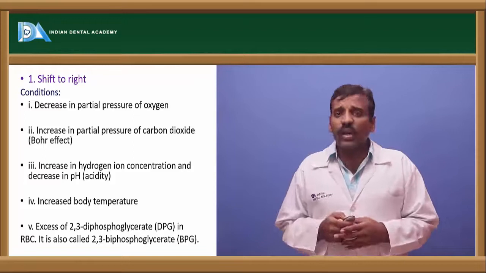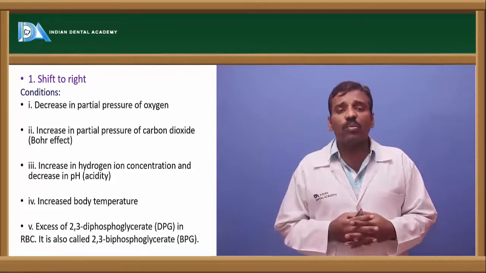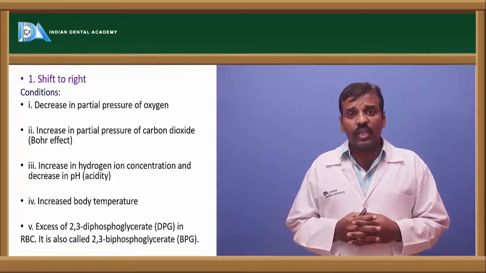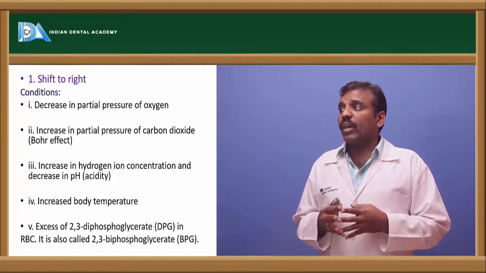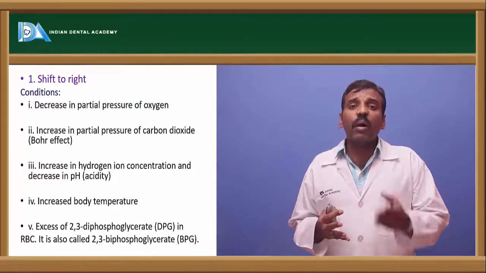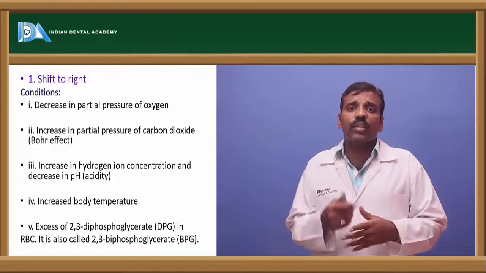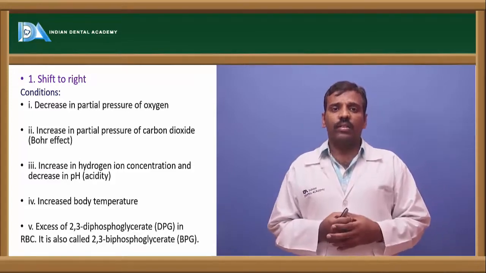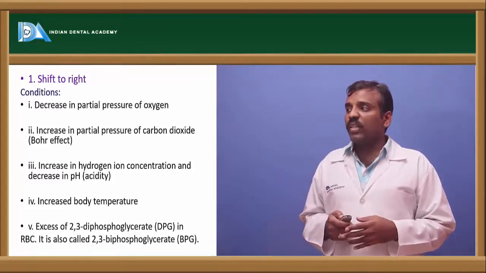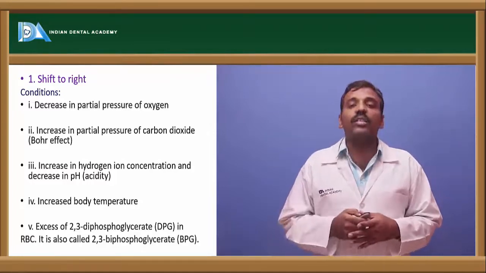What are the conditions for shifting to the right? The first condition is decreased partial pressure of the oxygen, and next, increased partial pressure of the carbon dioxide. When the partial pressure of the oxygen is decreased, obviously the partial pressure of the carbon dioxide is increased. Okay, and next one is increased hydrogen ion concentration and decreased pH.